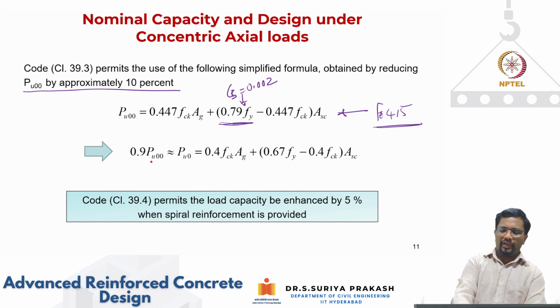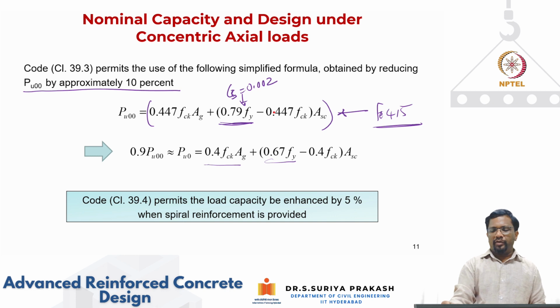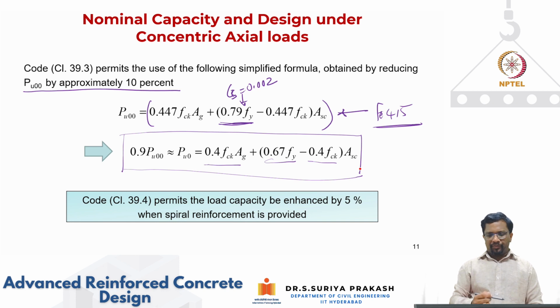But the code is saying, let me knock this down by about 10 percent. If I multiply by 0.9, then you get the simplified pure compression formula as 0.4 fck Ag plus 0.67 fy Asc. Here 0.79 multiplied by 0.9 gives 0.67, and 0.447 multiplied by 0.9 gives 0.4 fck. This is the way we got this simplified expression for your pure compression capacity.